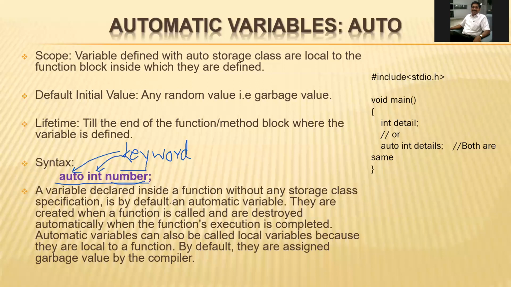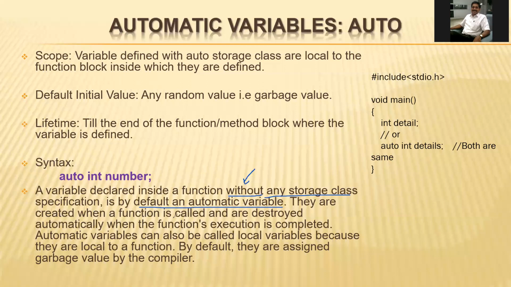A variable declared inside any function without any storage class specification is very important: that will be by default an automatic variable. If you are not specifying anything, that will be called an automatic variable. For example, int i, int j, int a, int b, int sum, float a, anything. All of that will be called an automatic variable.